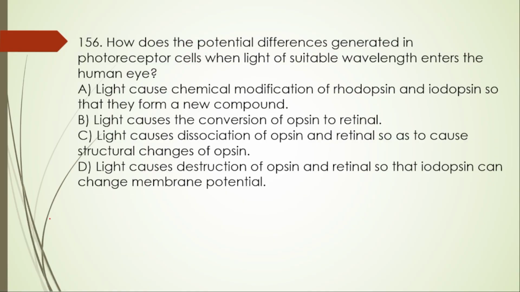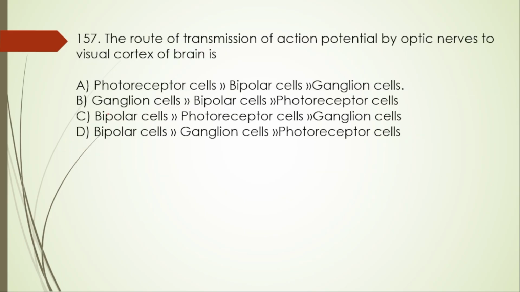A, light causes chemical modification of the rhodopsin and iodopsin, so they form a new compound. Next, B, light causes the conversion of the opsin to retinal. And then C, light causes dissociation of opsin and retinal so as to cause the structural changes of the opsin. So this one is right.